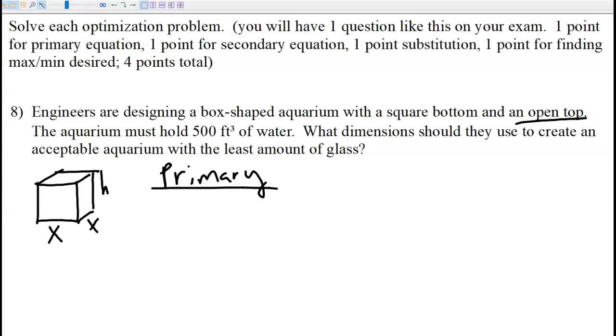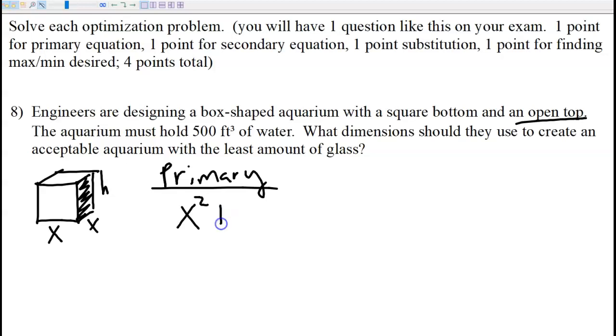Now, first of all, we would need glass on the bottom. So the area of the bottom would be x times x, which is x squared. So we would need x squared amount of glass on the bottom. And each lateral side has an area of x times h. And there's 4 sides. There's the left side, the right side, the front, and the back.